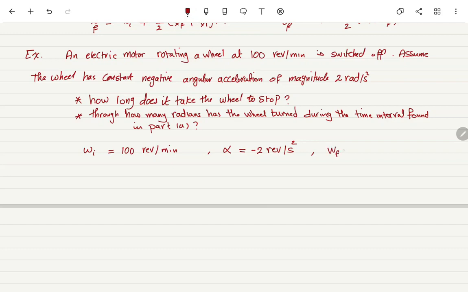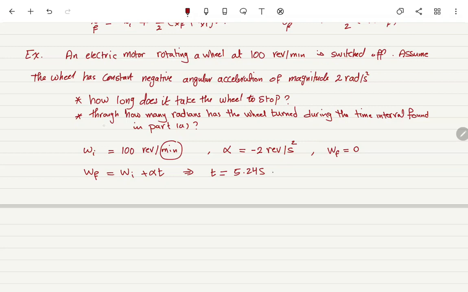So omega final equals 0. Now use equations of motion for rotational motion. So omega final equals omega initial plus alpha t, and you just substitute the numbers we have here, and t in this case is 5.24 seconds. And remember, don't forget to change minutes into seconds.